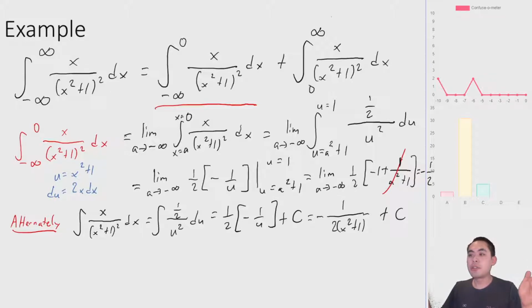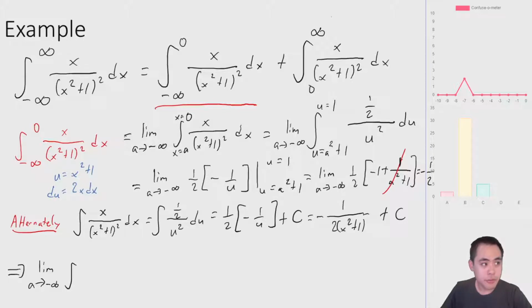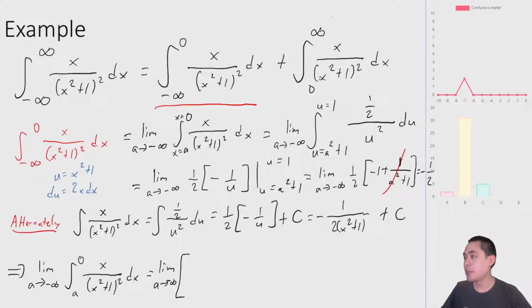Okay, so we could also do it using the indefinite integral, and then plug it back into the definite integral. So the limit as a goes to minus infinity of the integral from a to 0 of x over x squared plus 1 squared dx. Well, that's just equal to the limit as a goes to minus infinity of, well, we know what the indefinite integral is, so you can just plug that in.